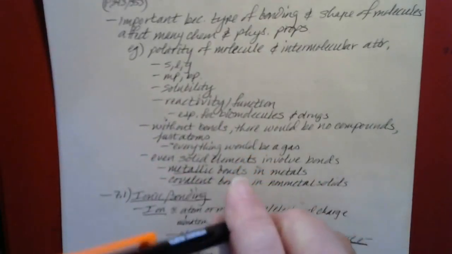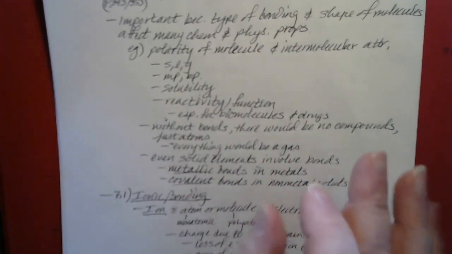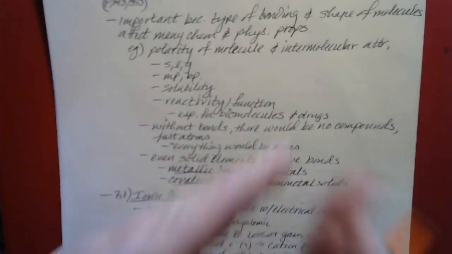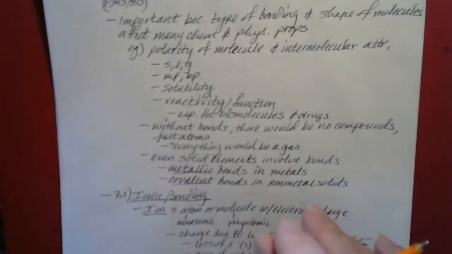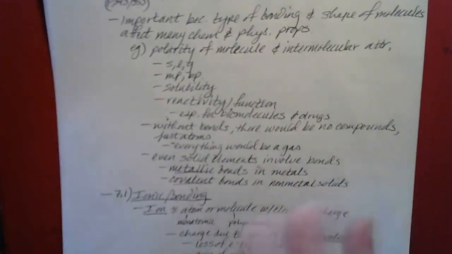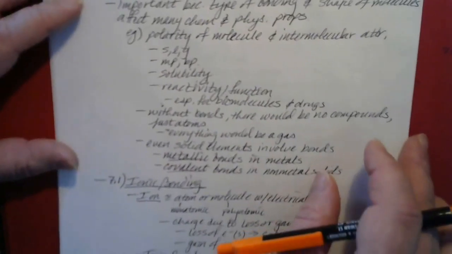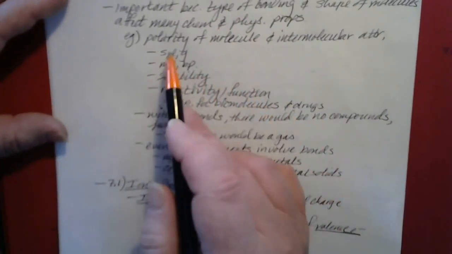Metals exist mostly as solids, except for mercury, which is a liquid. But metals exist as solids in a situation where they have what's known as metallic bonds holding them together. That's a form of bond. So if it weren't for bonds, metals would just be separate atoms, and essentially nothing would exist other than just a bunch of separate atoms.